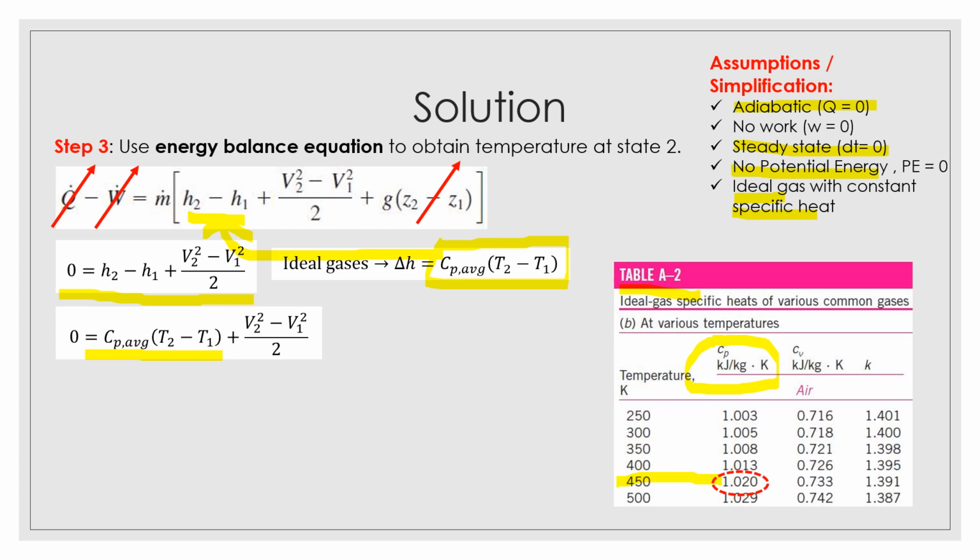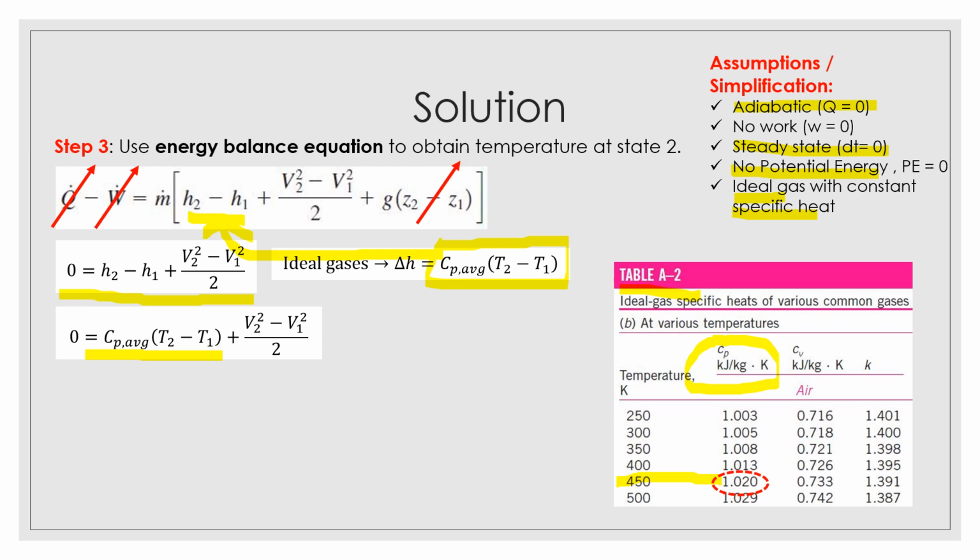But if you want to do the interpolation to obtain the exact figure for the temperature 473 Kelvin, you may go, and that is not wrong, because Sir already calculated, and we obtain the 473 is more or less 1.024, which is different from the 450 Kelvin by 0.004, which is very small.